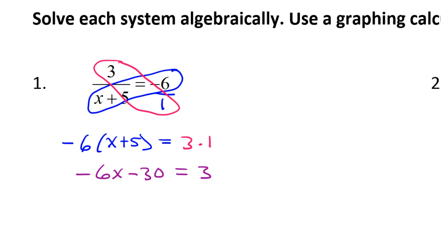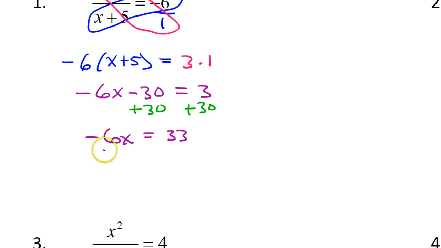We're going to add 30 to both sides. And that will give me -6x is equal to 33. Then I'm going to divide both sides by -6.